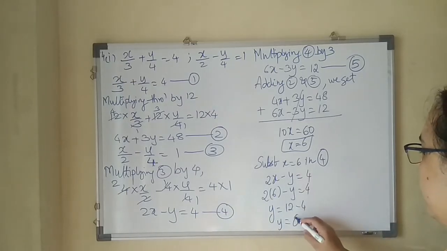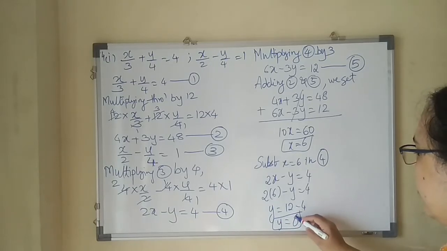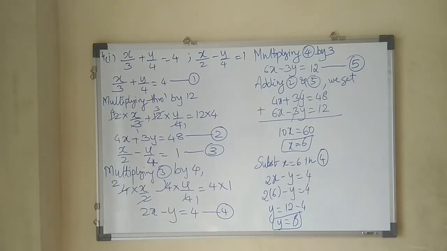So y is 8. Is that very clear? Understood? Okay, so what is the solution? 6, 8 is the solution. Now, after following the first sum, we go for the second one.